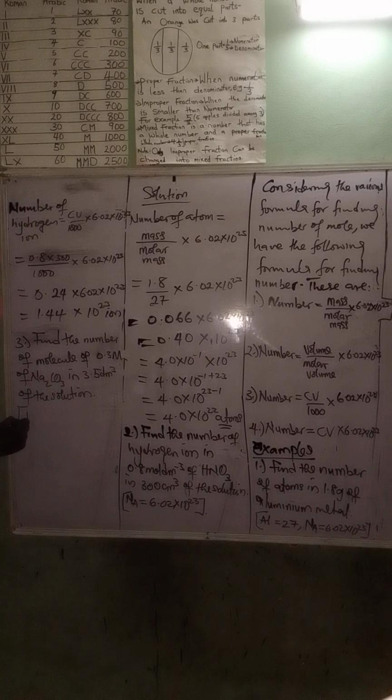Then you are given Avogadro's number equals to 6.02 times 10 to the power 23.